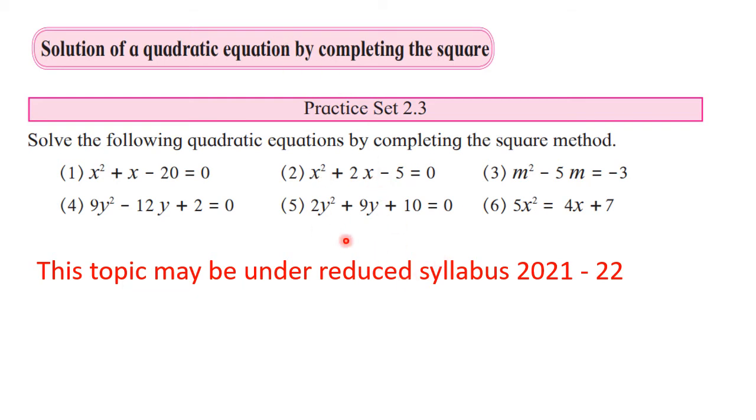So that is why I am not discussing this particular method and this practice set. Okay. So the first method was the factorization method, and I told you that the question will appear for 2 marks. The second method is under the reduced syllabus, so I am not discussing it right now.